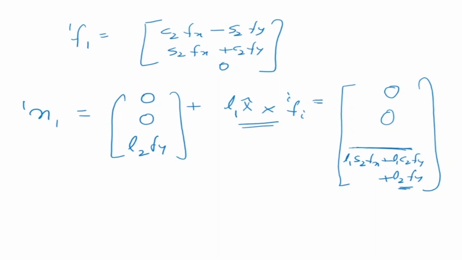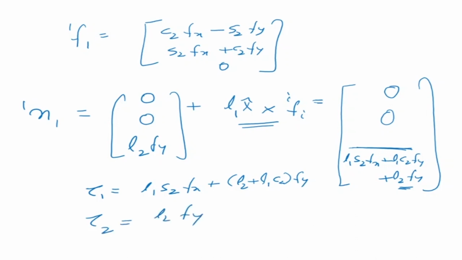Now if I write it in terms of the moments which are acting on joint 1 and joint 2, we can write it as tau 1 is equal to L1 S2 Fx plus (L2 plus L1 C2) into Fy, and tau 2 is equal to L2 into Fy.